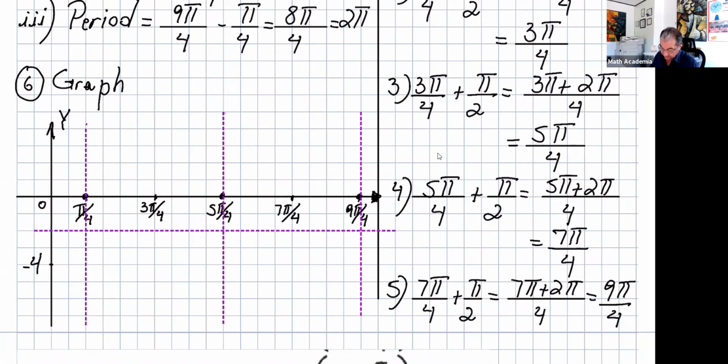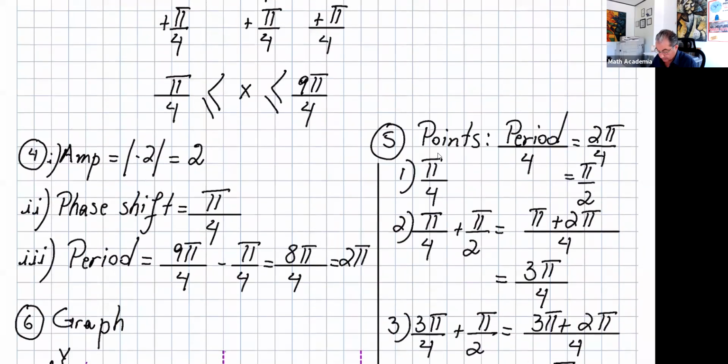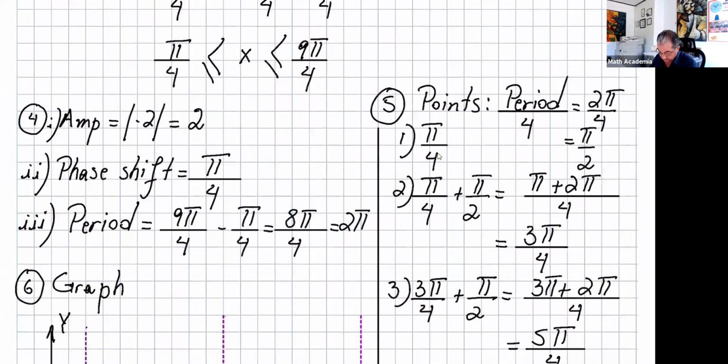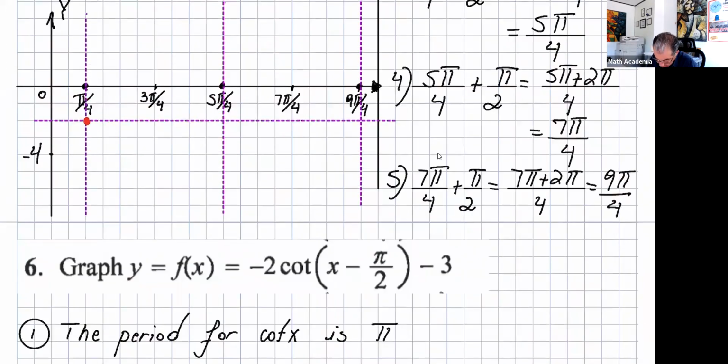Sine starts from the axis, and then second point it goes up, but as I said here it's negative, so it's going to go down right here at negative 4.